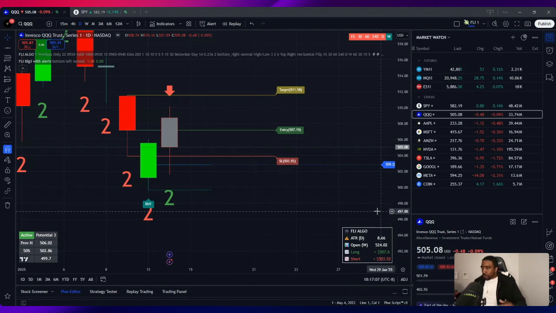So you know that based upon the ATR, QQQ has been moving at $8.66, give or take. If you look at it today, we had a low of 501.59 and we had a high of 510.16. It all makes sense, right? So QQQ has definitely been moving based upon that ATR.